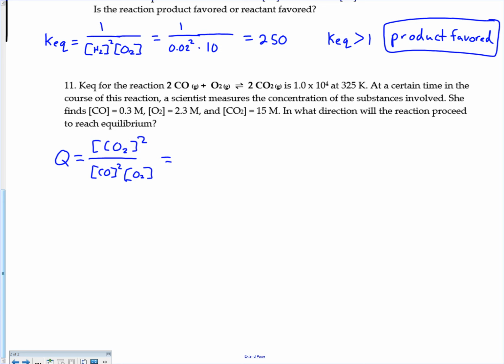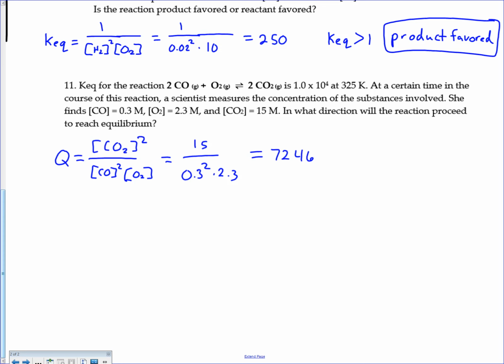In this case, CO2 is 15 molar, so that's 15 over 0.3 squared times 2.3. Go ahead, calculate that. You should get 7,246.